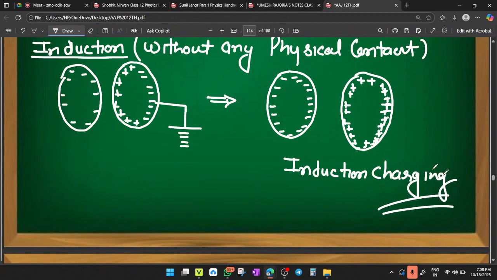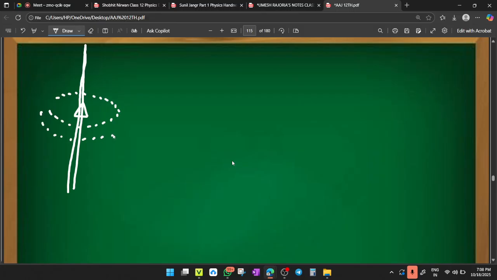I told you that in the earlier 16th century, Michael Faraday flowed a current through a straight wire, and he conveyed the magnetic field surrounding that wire in the form of concentric circles.